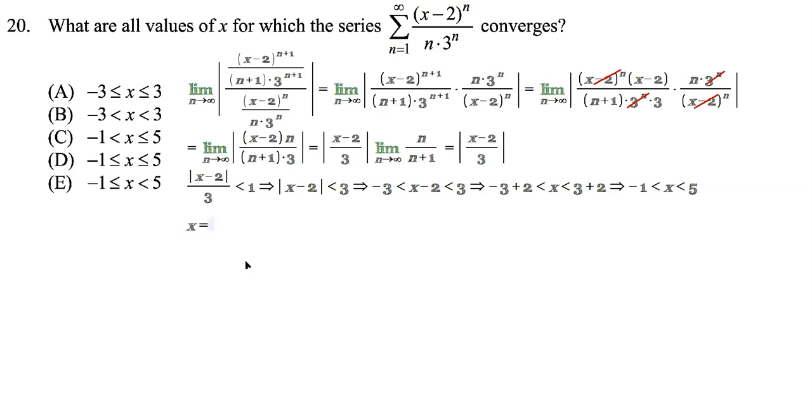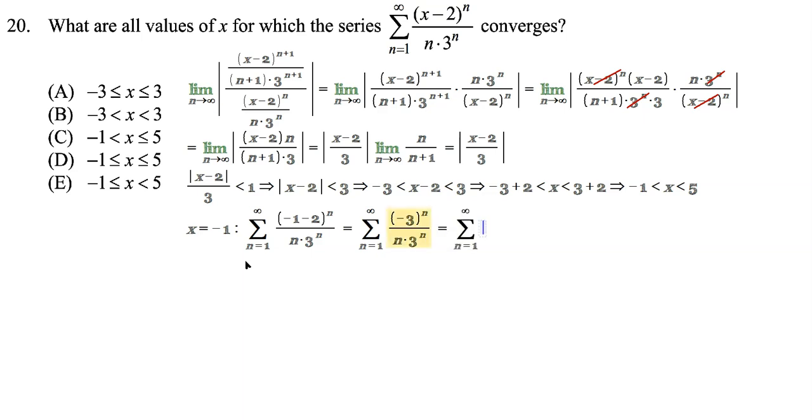So when x is the value negative 1, let's see what the series is that we get. You're going to have the summation from 1 to positive infinity of (negative 1 minus 2) raised to the n over n times 3 raised to the n. Work this out. The summation from 1 to positive infinity of (negative 3) raised to the n over n times 3 raised to the n.